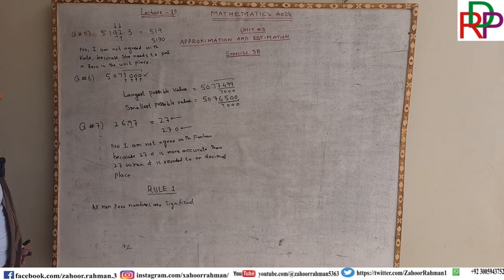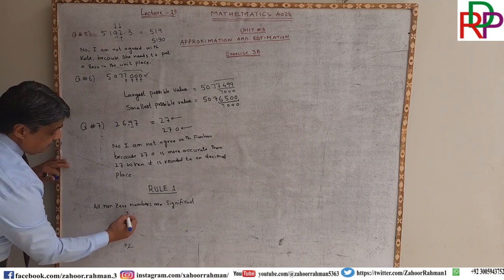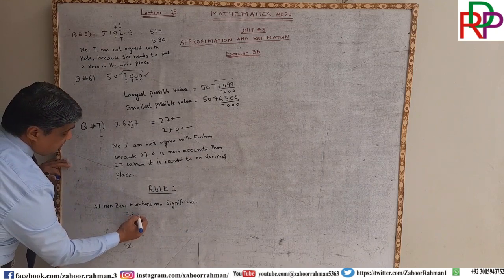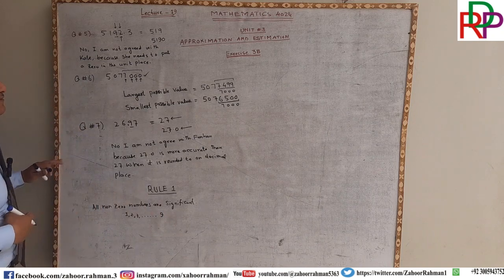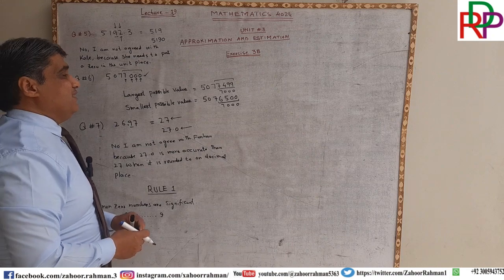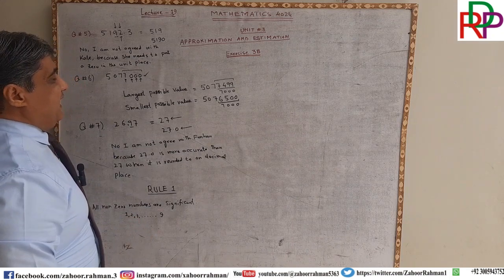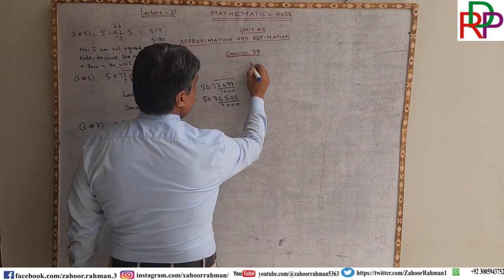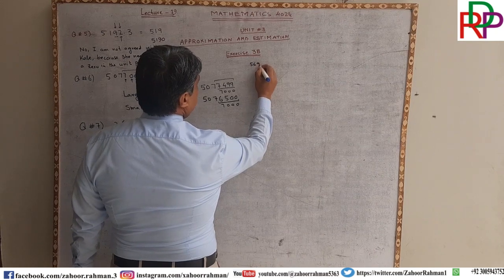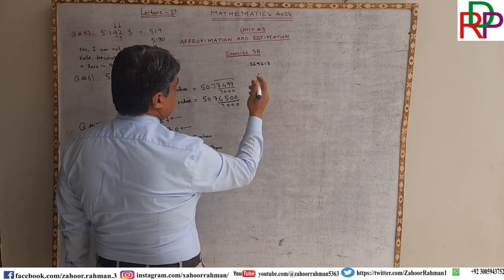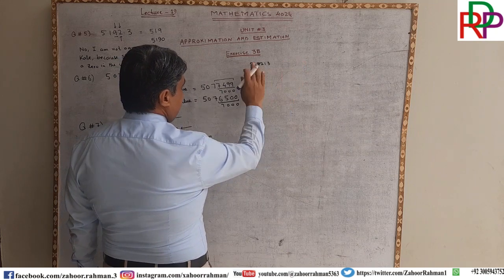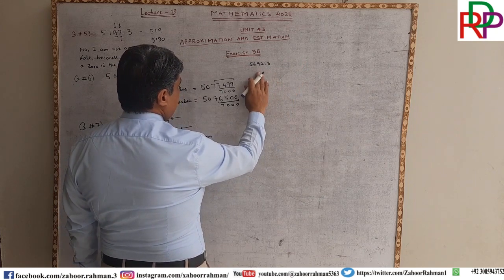What does it mean? It means that 1, 2, 3, 4, up to 9, whenever you are getting a number, for example, 5, 6, 9, 2, 1, 3. How many significant digits? All are significant because there is no zero.